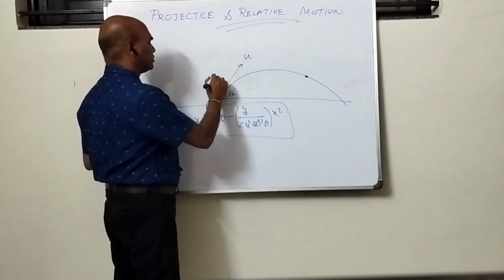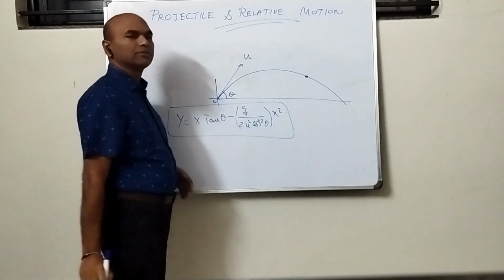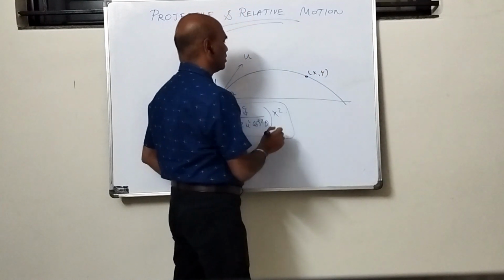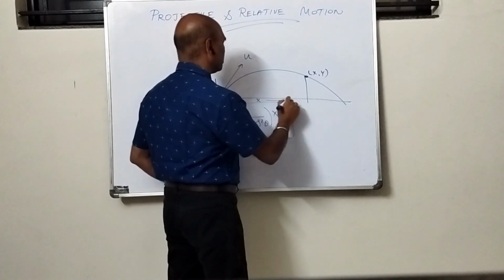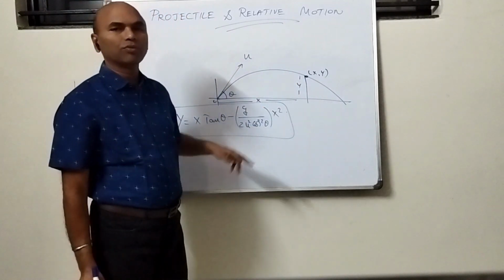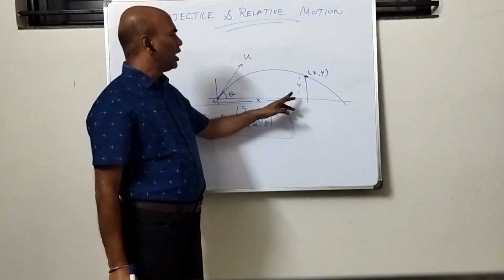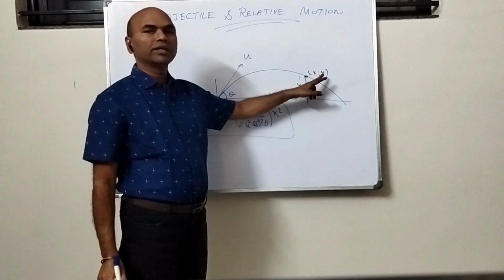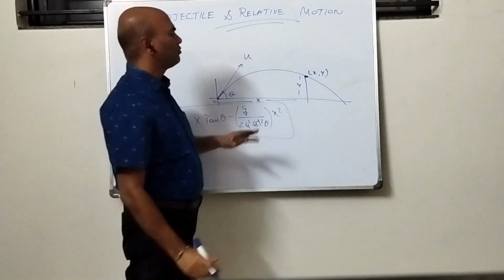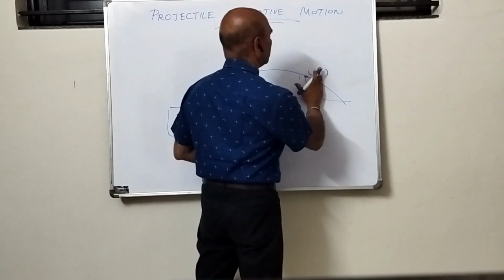If we take this as the origin, so this has a coordinate x comma y. That means this distance would be x and the height of this point above the ground would be y. So if these are x and y coordinates, they must satisfy this. For example, I am saying this is a comma b.